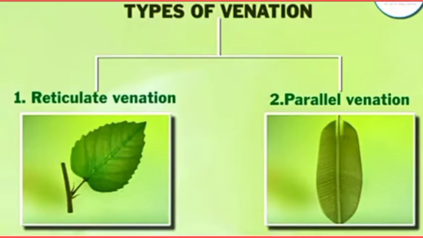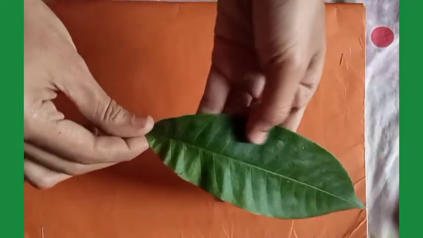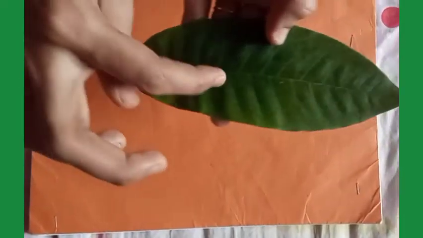Venation. Arrangement of veins in a leaf is known as venation. There are two types of venation. First one, reticulate venation, and then parallel venation. Here you can see reticulate venation.